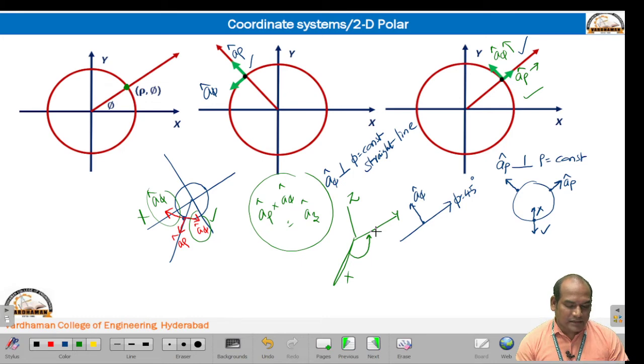Similarly, the 4 fingers of your right hand curl are representing from a_rho to a_phi, then your thumb is representing a_z, like that we have to take. So, with the help of that third coordinate you can understand clearly why this a_phi cap direction is correct, why this a_phi cap direction is wrong. Okay. That is the thing. Regarding the unit vector directions also we have completed in case of the 2-dimensional polar coordinate system.